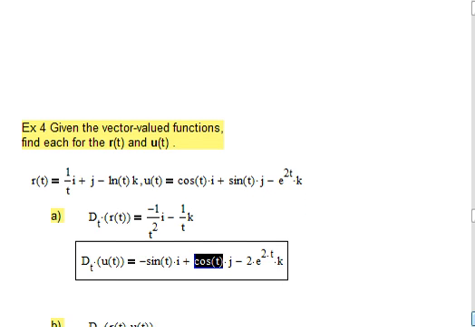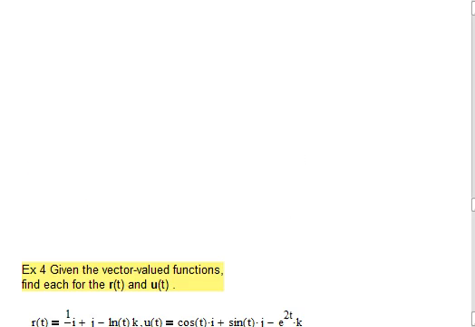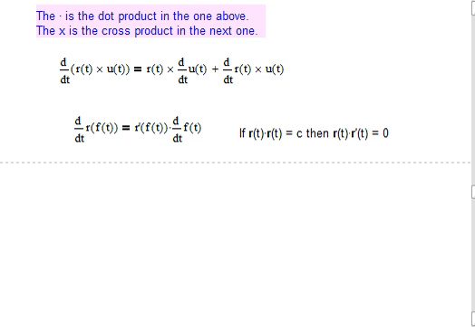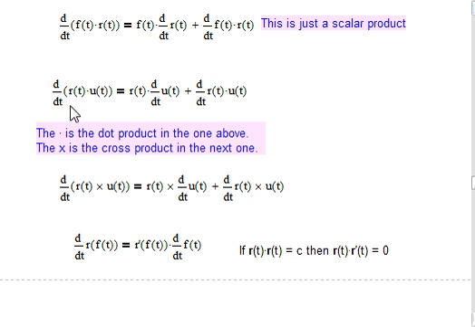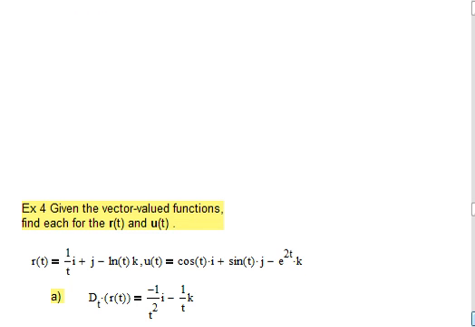Okay. Proceeding. What about the derivative of the dot product of r and u? We could go back here and say it's r of t times the derivative of u of t plus the derivative of r of t times u of t, and that should be enough for us to do this.